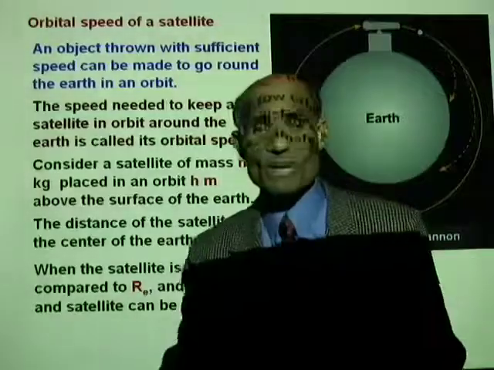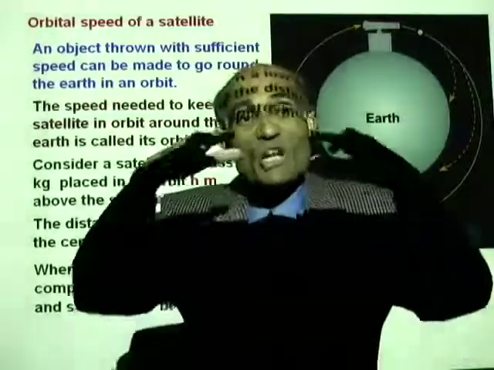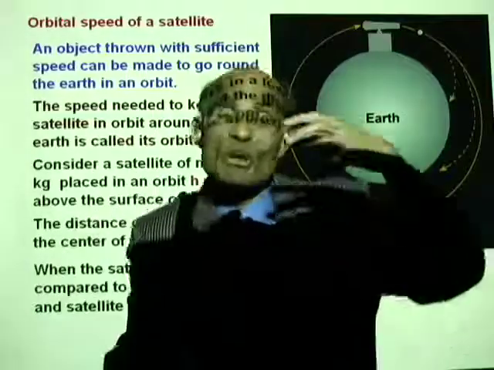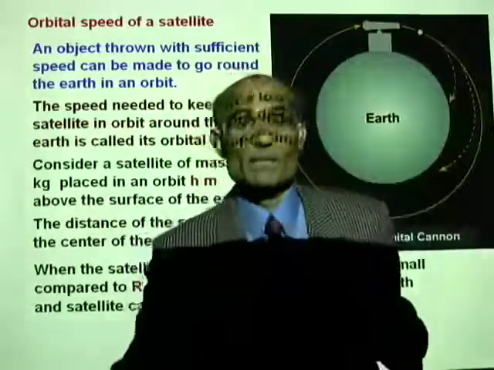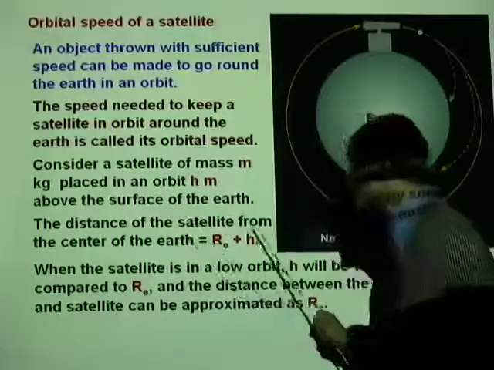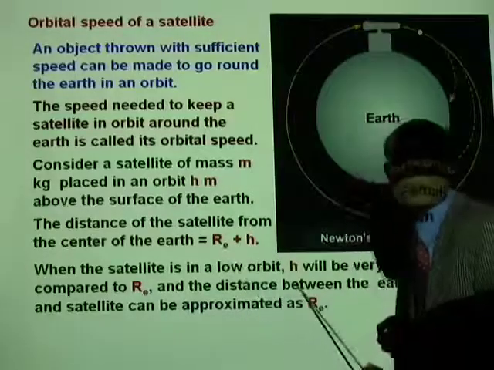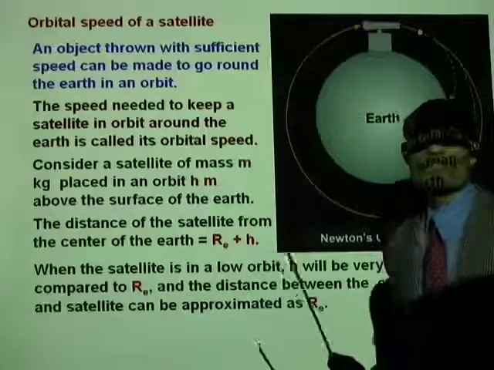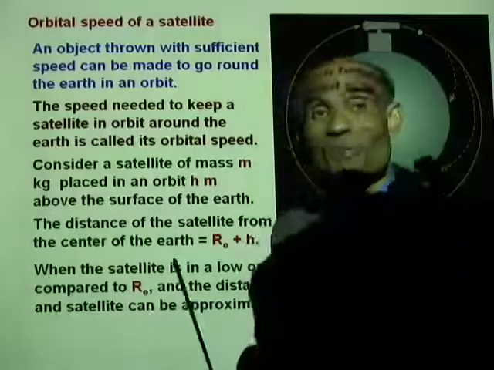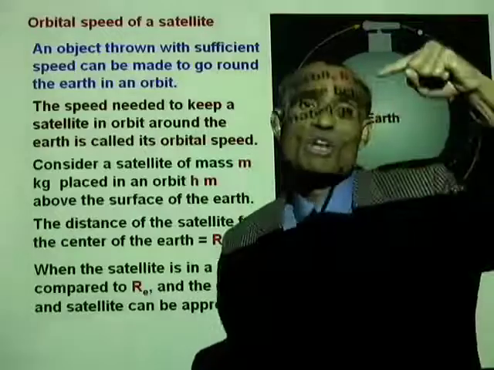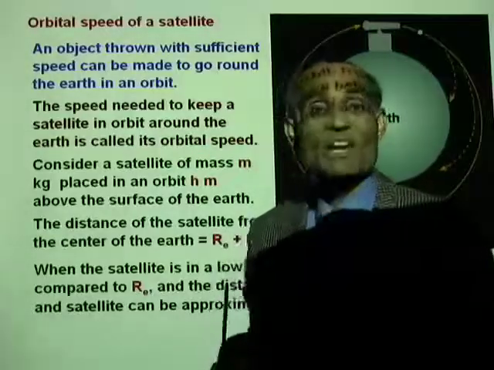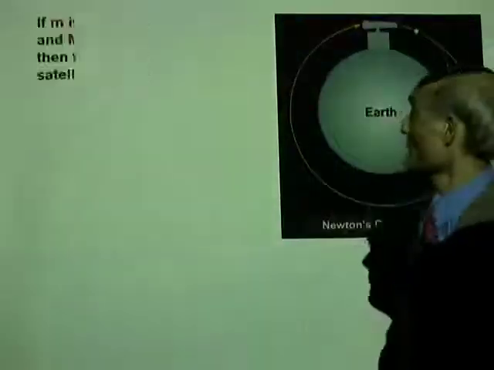That means when the satellite is placed at a low orbit, not very far from the Earth, the distance of the satellite from the center of the Earth, RE plus h, can be approximated as RE, because compared to the radius of the Earth, the altitude of that satellite is very small.